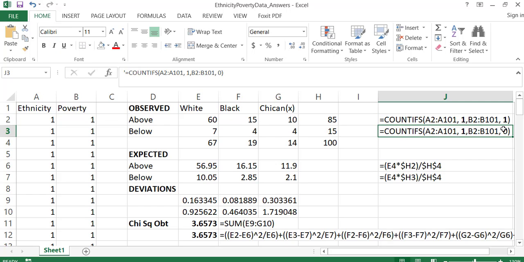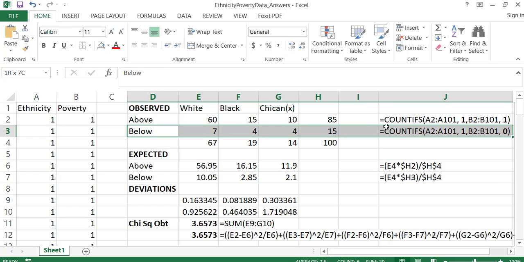The 1 and 0 are going to stay the same with respect to the rows. The top row will always have a 1 for B2 to B101 because those are the individuals above the poverty threshold. The bottom row will always have a 0 in relation to B2 to B101 because we're interested in are they below the poverty threshold, which is represented by 0.